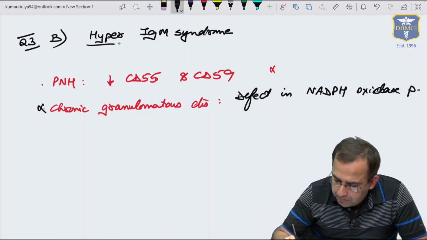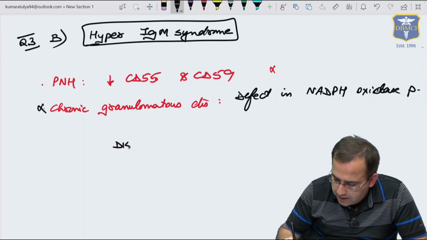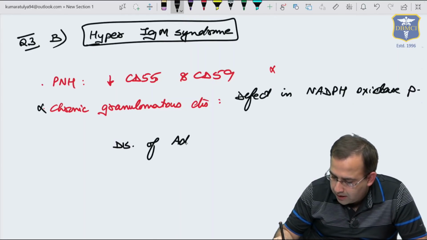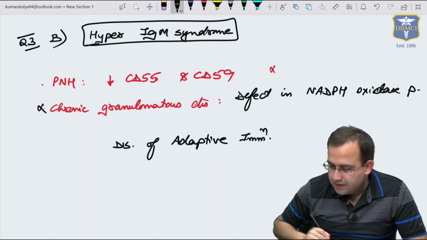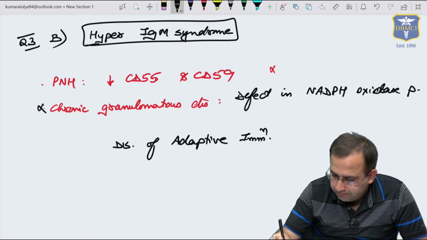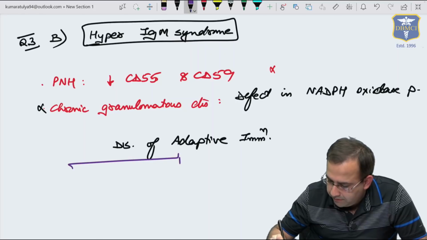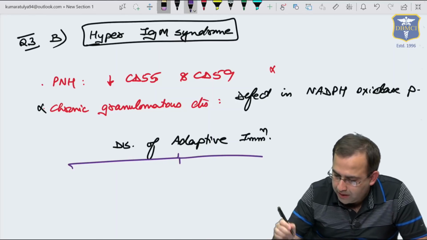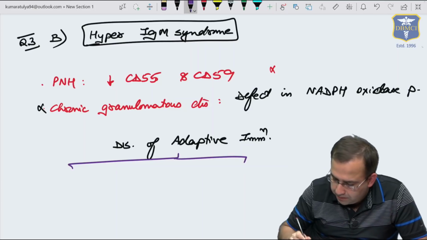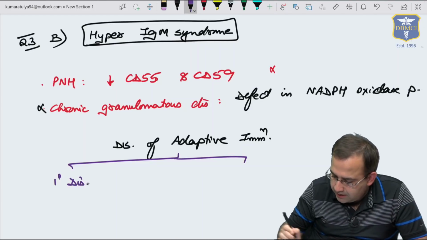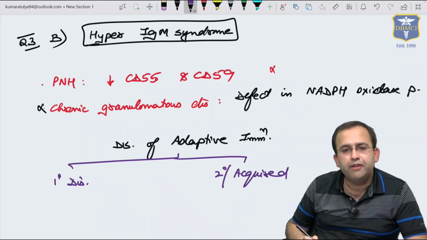Next, hyper IgM syndrome. Hyper IgM syndrome is a disease of adaptive immunity, and we can divide the diseases of adaptive immunity into two main types, that is the primary diseases and secondary or acquired diseases of adaptive immunity.